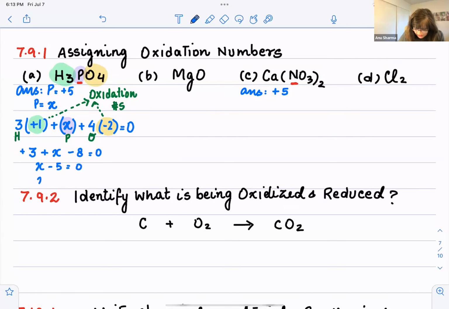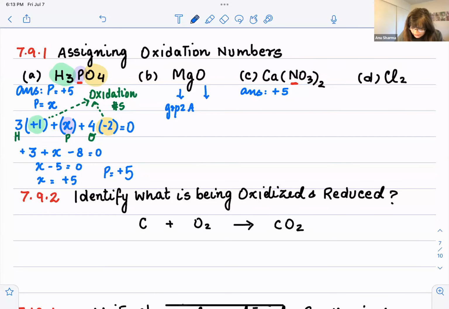So when you do the math, x is equal to +5. So the oxidation number of phosphorus is equal to +5.